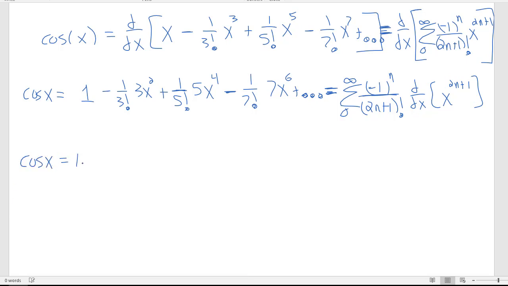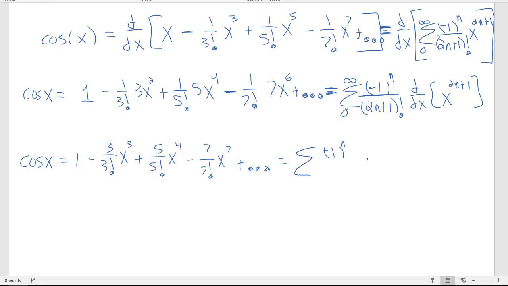Cosine x is 1 minus 3 over 3 factorial x cubed plus 5 over 5 factorial x to the 4th minus 7 over 7 factorial x to the 7th plus dot dot dot, and that's equivalent to, I have negative 1 to the n times negative 1 to the n over 2n plus 1 factorial.